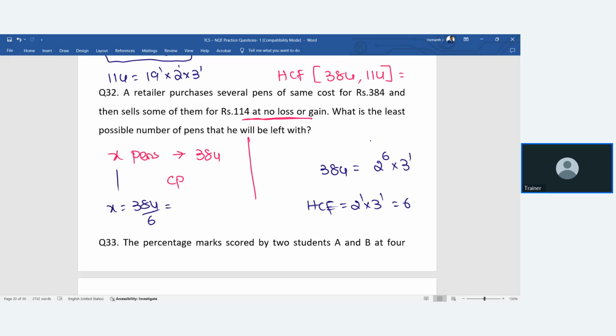So 384 is nothing but 192. Yeah, fine. First I divided with 3, or 6 I divided with, right? 6 into 64 I said. Yeah, correct only. 64 is 2 power 6 only. Okay. This is 2 power 7.